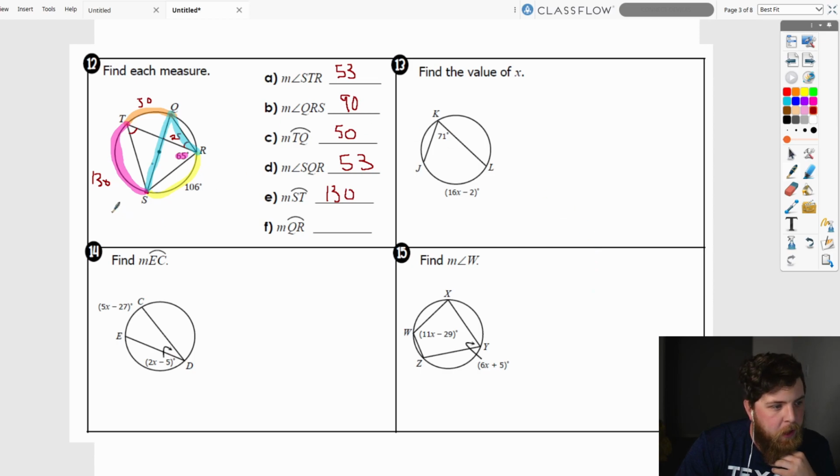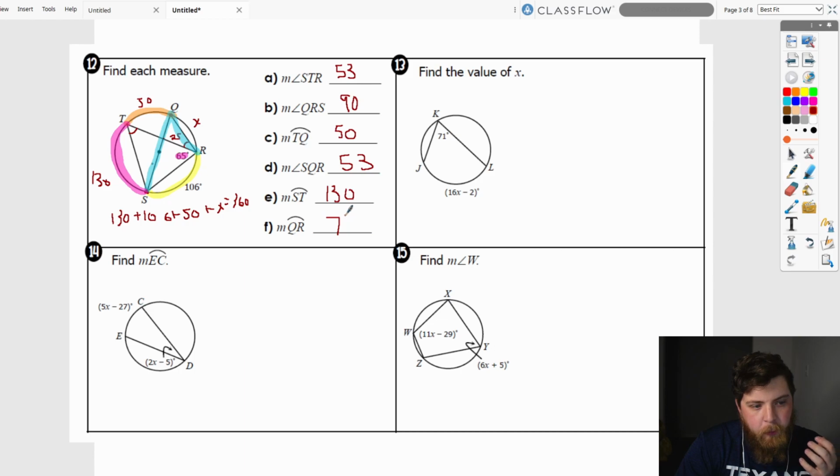So if I took 130 plus 106 plus 50 plus, say we said this was X, plus X equals 360. We can add all of these up, subtract it from 360, and we end up getting 74. So QR would end up being 74. Reason being, once again, the circle makes 360 degrees. We know this is 106, this is 130, this is 50. So then QR would be that last missing piece that we would need to add.